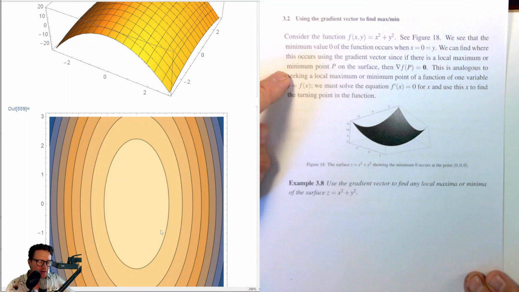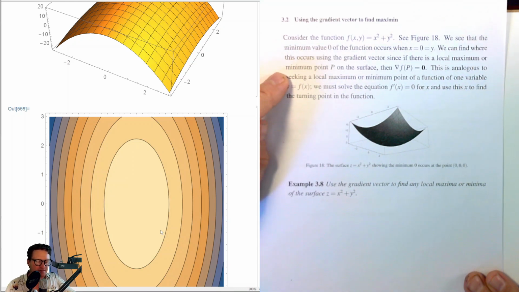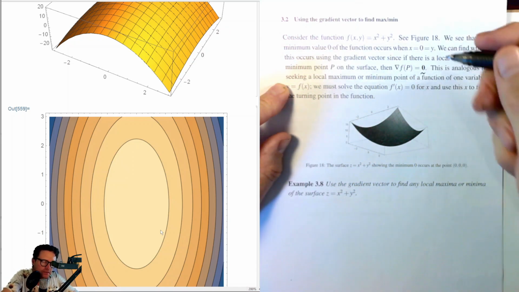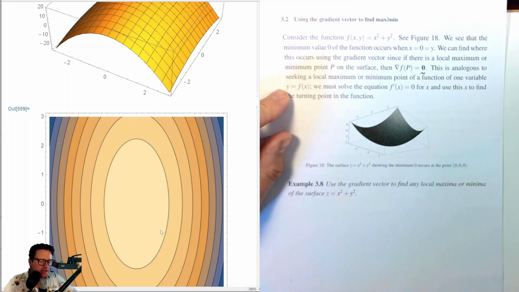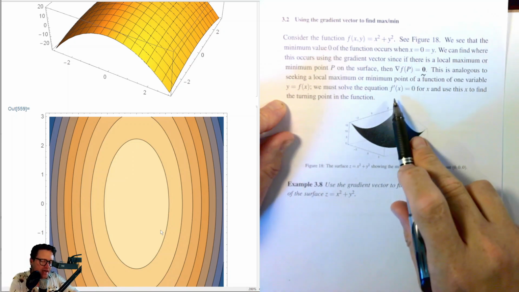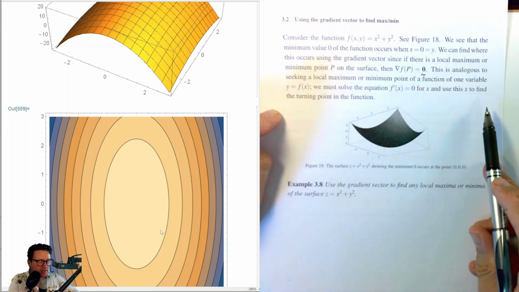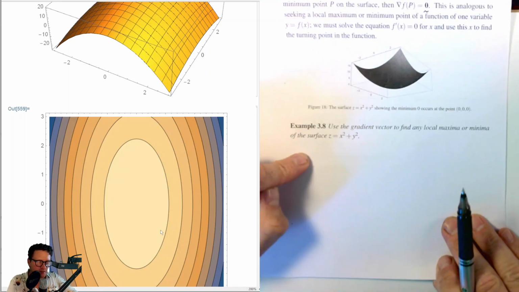We can find where this occurs using the gradient vector, since if there is a local maximum or minimum at the point P on the surface, then grad f at P would be the 0 vector. This is analogous to seeking a local maximum or minimum of a function of one variable, where you would get slope equals 0 at a local max or a local min. So you would solve f'(x) = 0 for x and use this to find the turning points in the function.